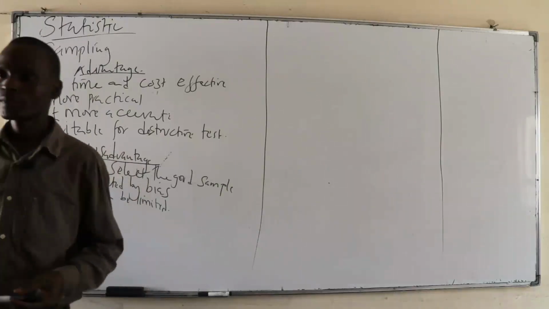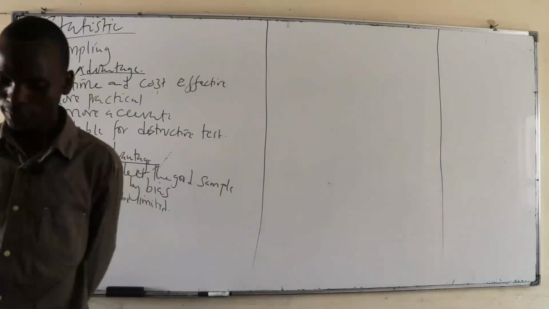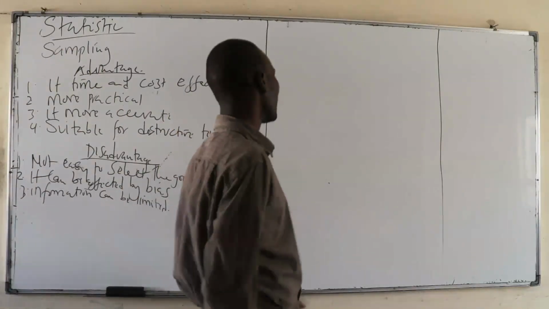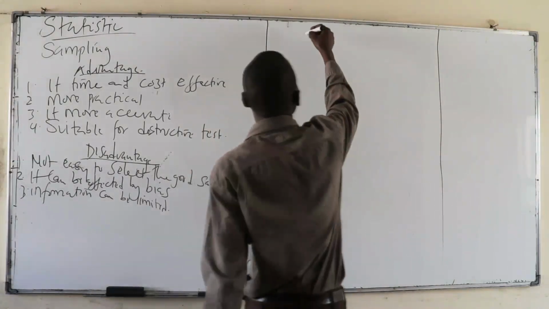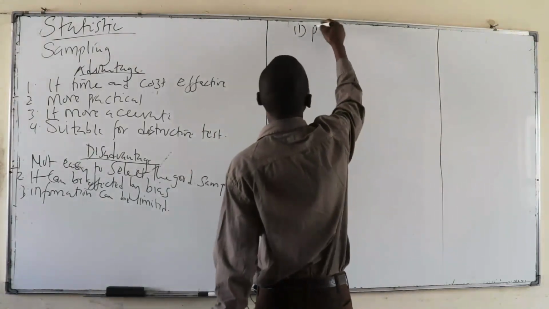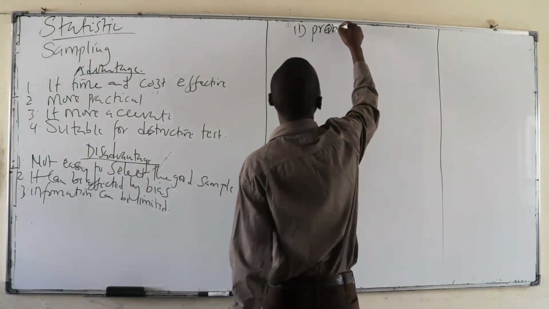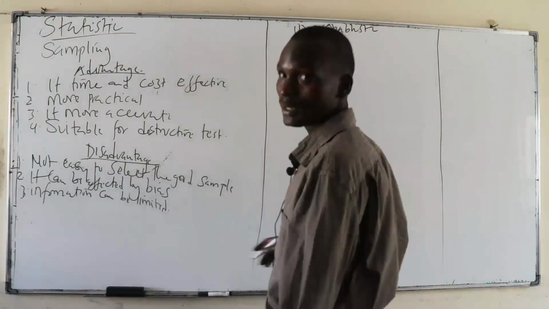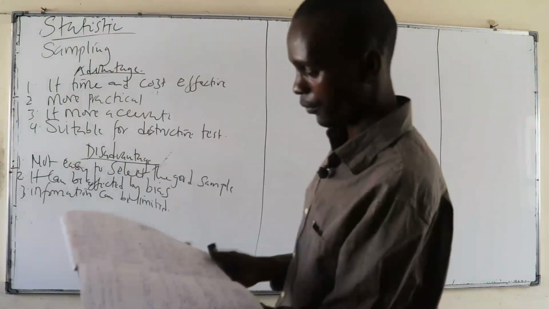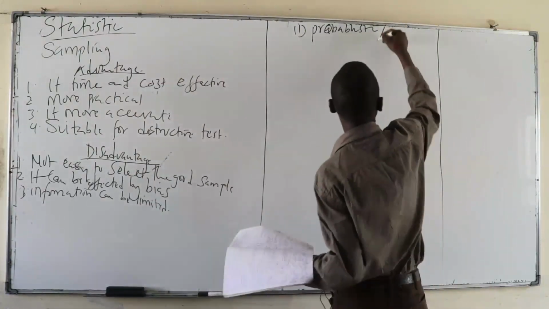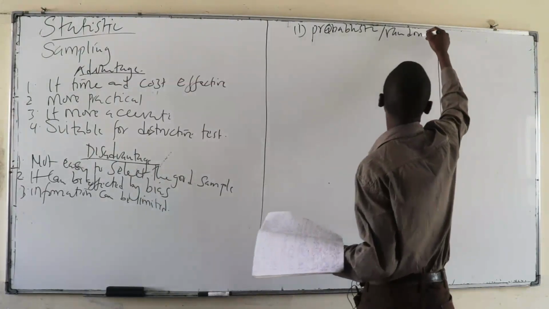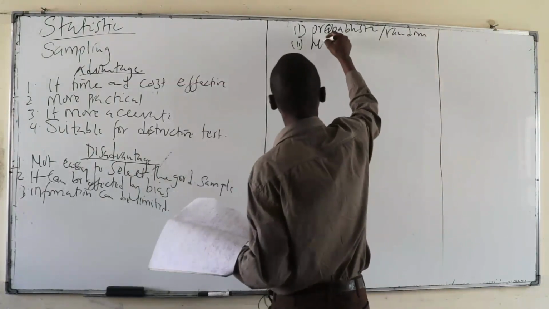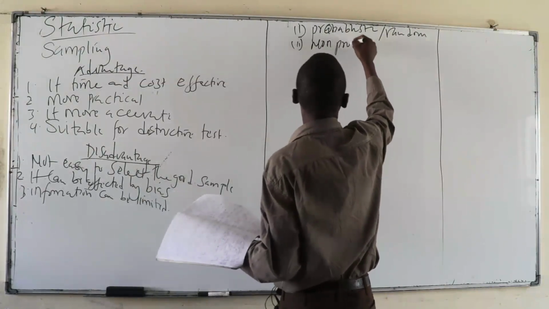So you say another point. Sampling methods are classified into two. Roman one, they have probabilistic or random, and also we have non-probabilistic or non-random.